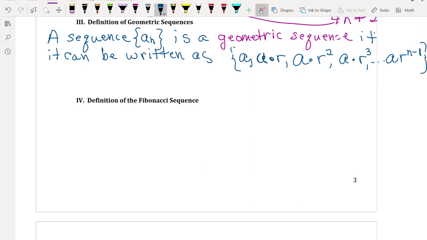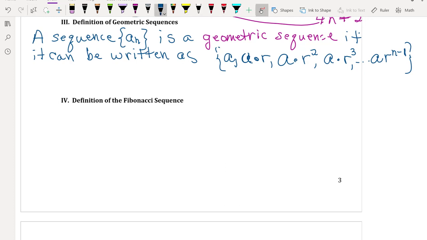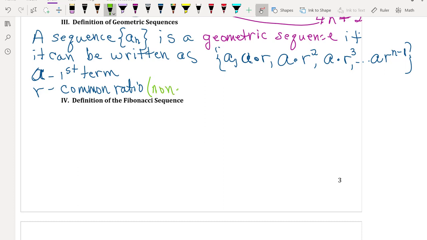Okay? So again, a is our first term, and r is called the common ratio. And we want to remember that this r has to be non-zero. It doesn't make a lot of sense to multiply by 0 because we don't have a sequence then.